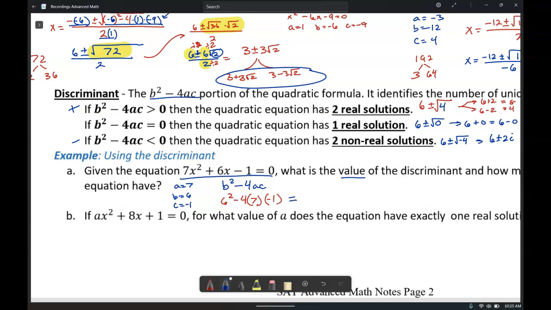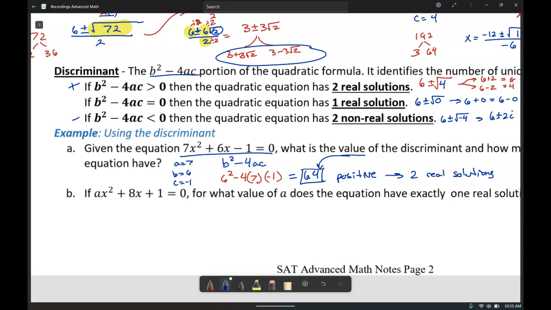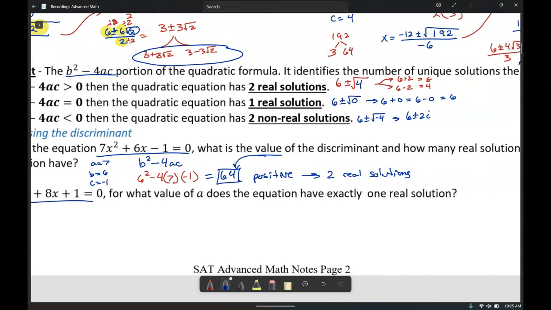And when we solve, we find that the value of the discriminant is 64. Because this is positive, it means that we have two real solutions.